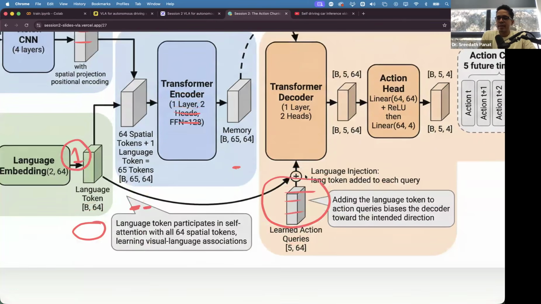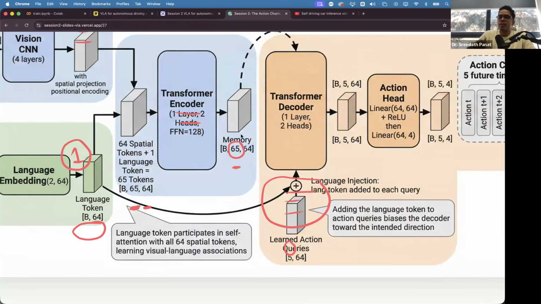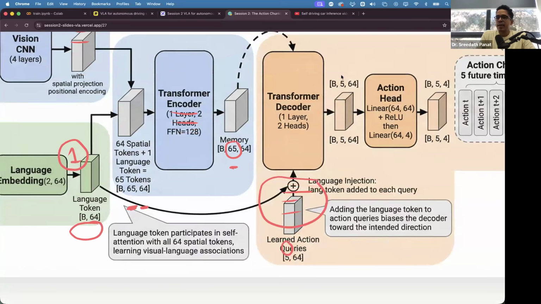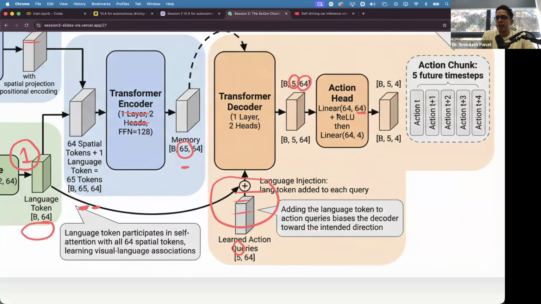Then there will be first self-attention between these query tokens conditioned on language. Then there will be cross-attention between these 5 tokens conditioned on language, plus these 65 tokens where both language and image are present, resulting in finally 5 context vectors whose dimensionality is 64, which you project into a 64 dimensional layer followed by ReLU.